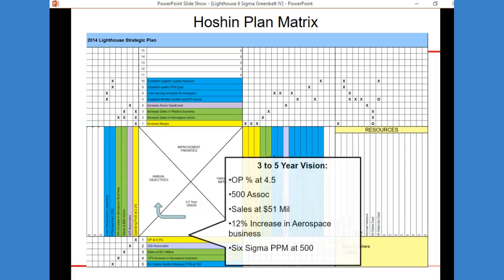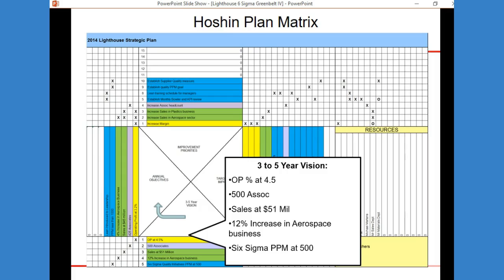But basically you sit down, and at this point it's our senior team and our board of directors for us. We sit down and go, where do we want to be 3 to 5 years from now? And we say, well, we want OP, operating profit, to be at 4.5%. We want to be at 500 associates, which we're pretty dang close to right now.